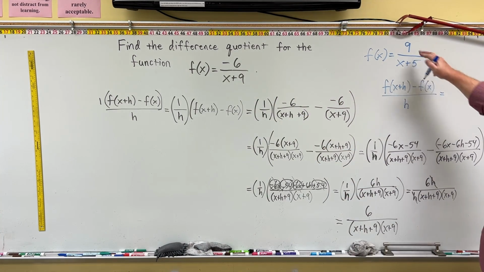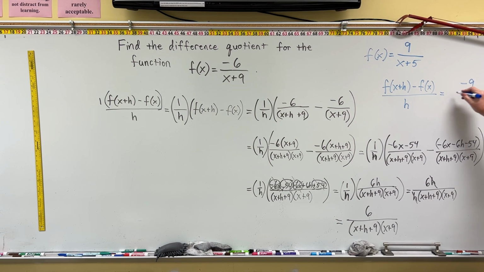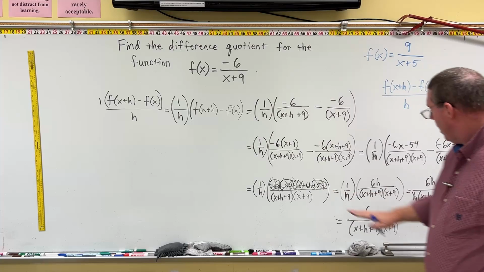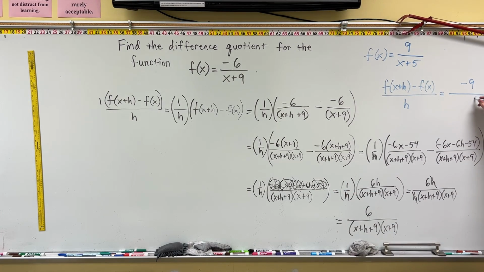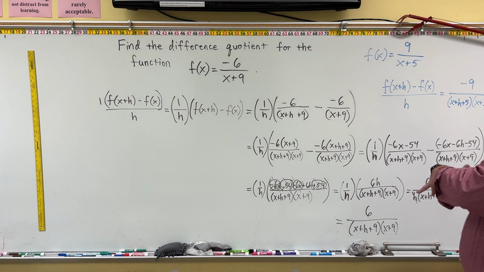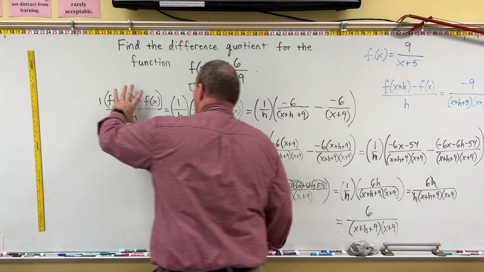So I've got to reverse the number in the numerator, so it's going to become negative 9 over, and then here's an x + 9, and I have an x + 9 in the denominator, but this time it's x + 5, so I'll put x + 5. And then I also have an x + h + 9, so I'll have an x + h + 5. And so you can see I was able to do that without doing all this stuff in the middle, because there are shortcuts for doing difference quotients.